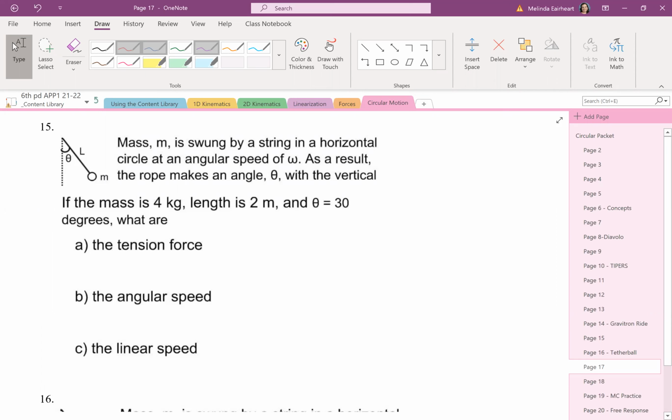And if you've ever played tetherball, it wants to be straight up and down, right? Against the pole. And so a lot of times your angle is measured, like the picture shows, from the vertical axis. And so this is what we're looking at here. It's just moving in a horizontal circle, just like our Tex, Gravitron. But instead of a normal force pulling to the center, what's pulling this astronaut towards the center?